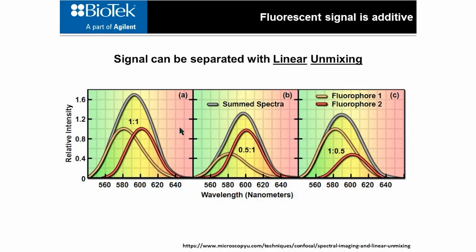And what that means is that if you have a signal shown in gray in the left panel here, that signal is really the sum of the signal coming from two different fluorophores. And as the middle and the right panels illustrate, that sum signal, even in different proportions, you can still parse out those two.